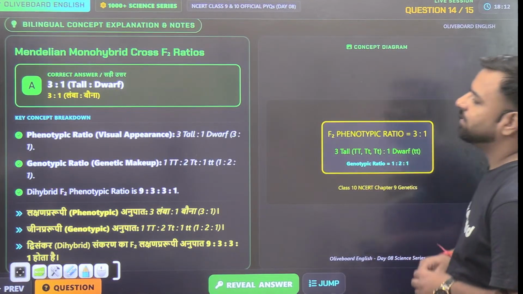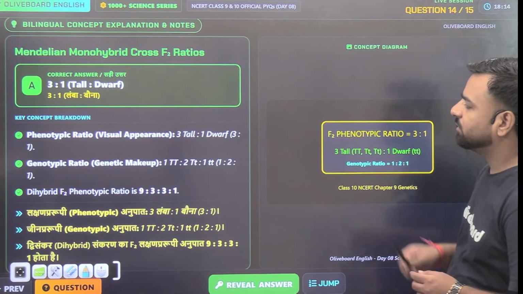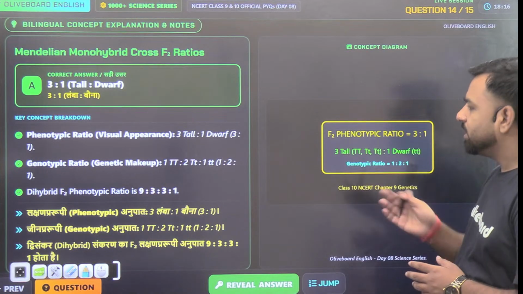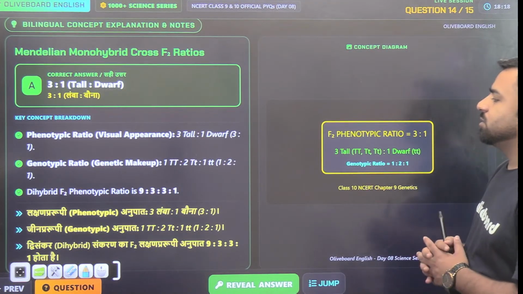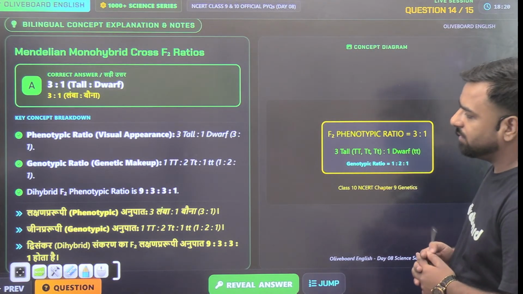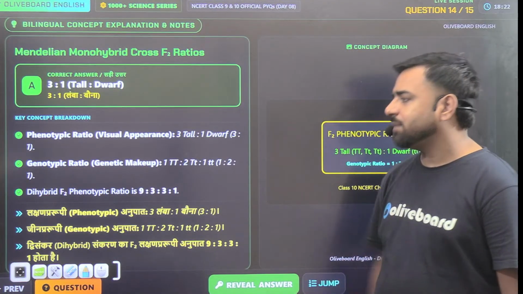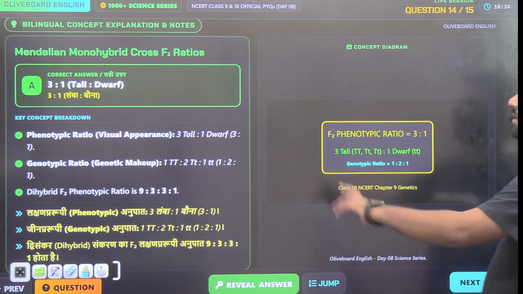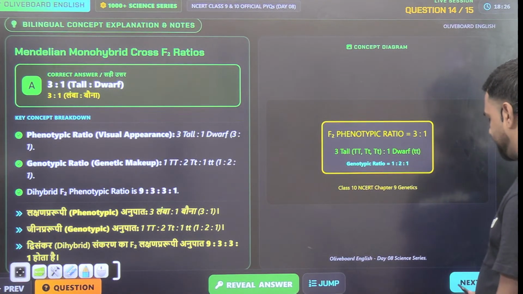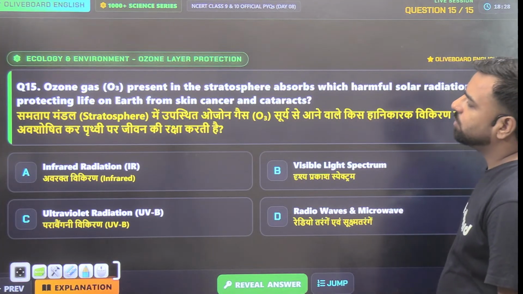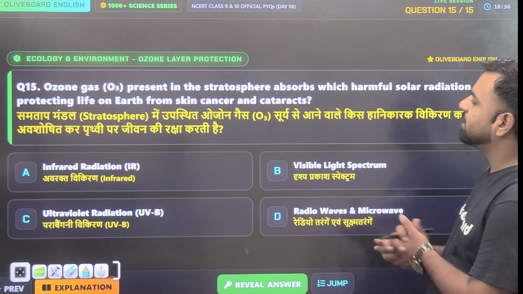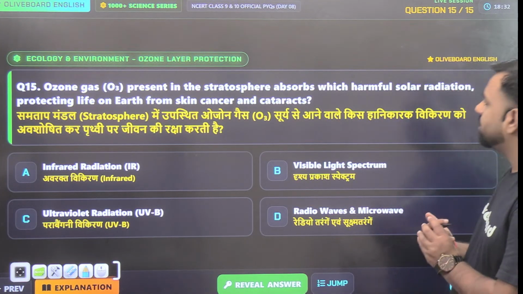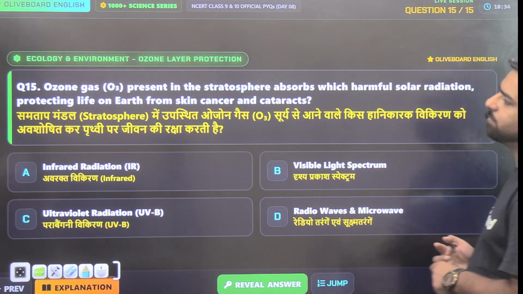And here the phenotypic ratio, in visual appearance, 3 tall, 1 dwarf, that's 3:1. Genotypic ratio will be 1:2:1. And in the last class we discussed the dihybrid F2 phenotypic ratio, that was 9:3:3:1, right?